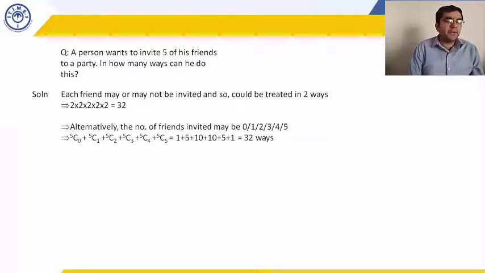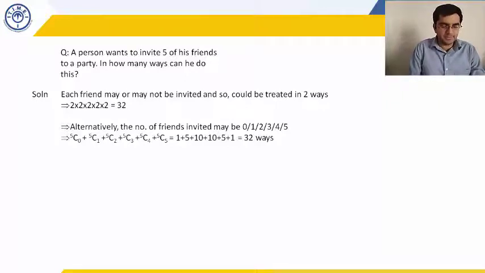And so you get 5C0 plus 5C1 plus 5C2 plus 5C3 plus 5C4 plus 5C5. Put in all the values and you get 32 ways. So this is basically solving this question in 2 ways. Please write this down.